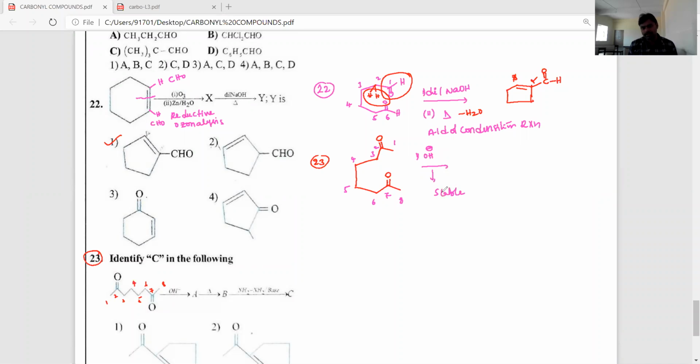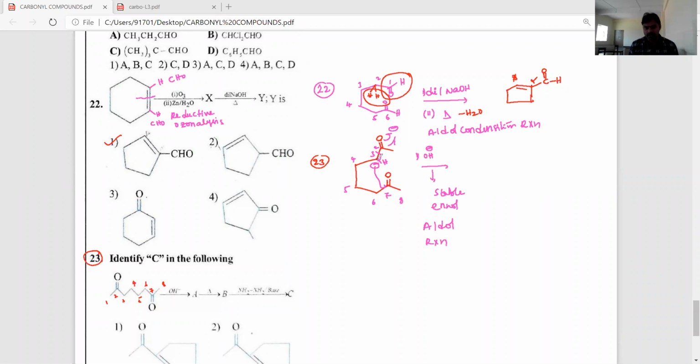This proton will be removed and form a stable enol and O minus. Again it will come back and attack. Here the negative charge will attack at the seventh position, and undergoes aldol reaction. Aldol reaction. Okay, not aldol condensation reaction. Aldol condensation reaction means an alpha beta unsaturated carbonyl compound will be obtained.